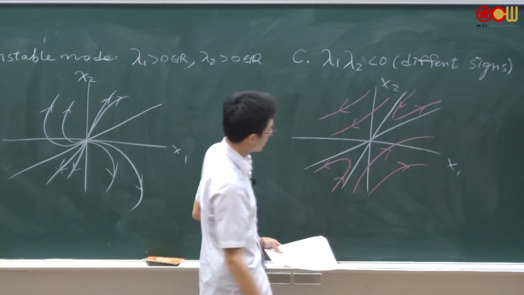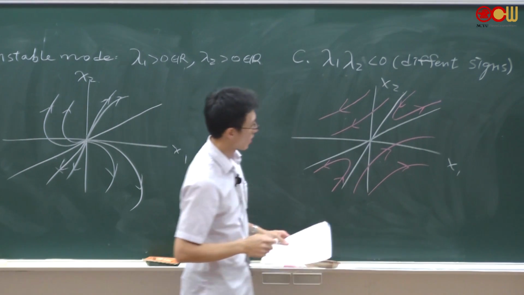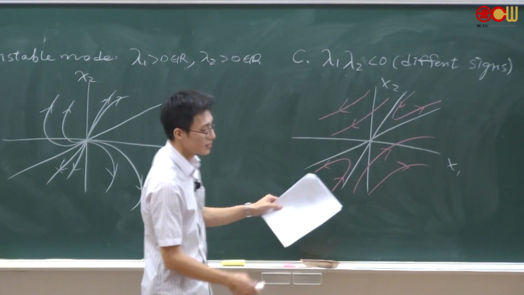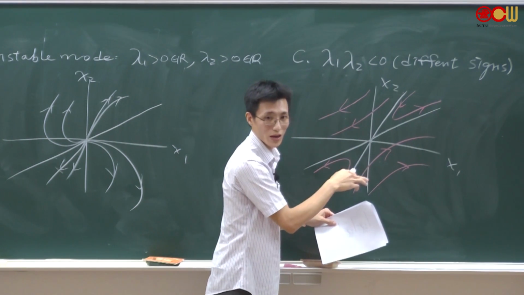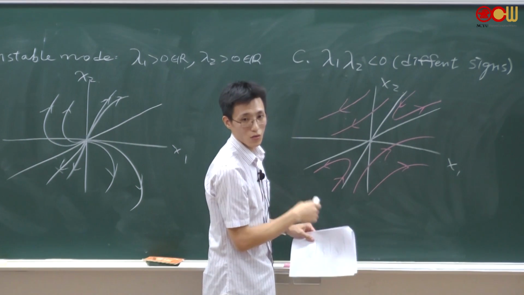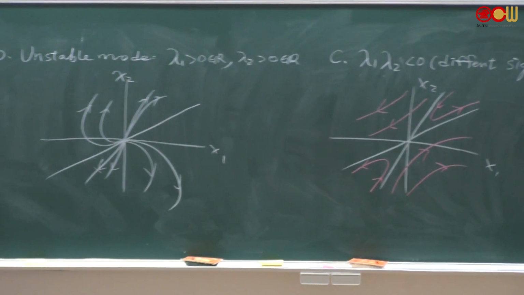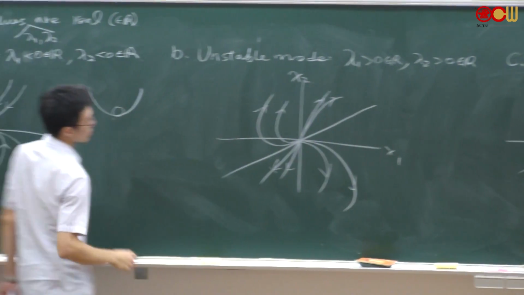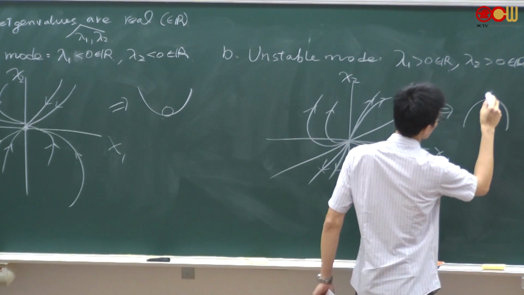If you put it here, they are unstable. If it moves in some direction, it's fine, but in this direction, it's not okay because it's a mix. So one eigenvalue is positive, one is negative. In this case, it's kind of this.